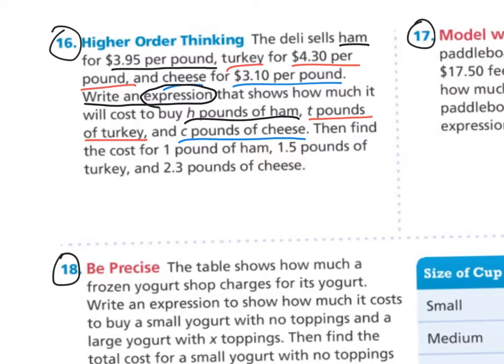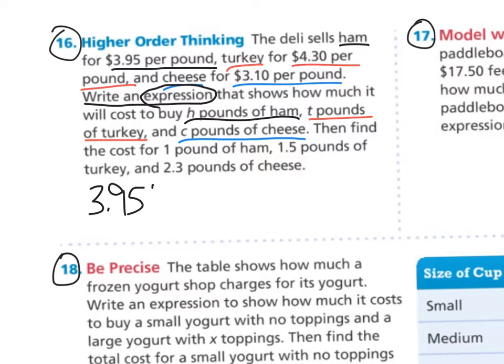That's the first step. I've tried to color code this a little bit so we can keep track of our different things that we're buying. So the ham, it's $3.95 a pound, we're buying H pounds.